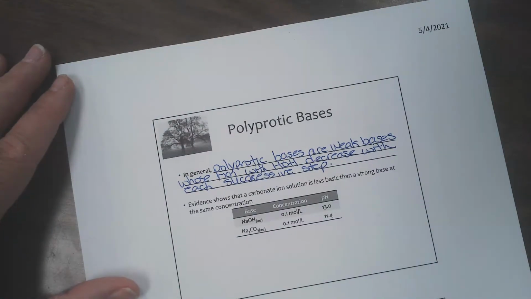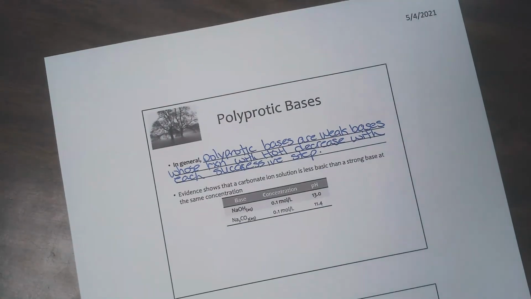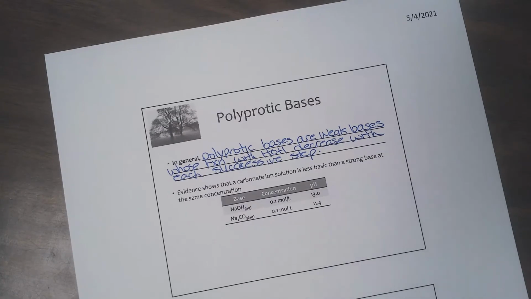Seems like we've seen that definition before, only we called it polyprotic acids, are weak acids whose reaction with water decrease with each successive step. Evidence shows that a carbonate ion solution is less basic than a strong base at the same concentration.